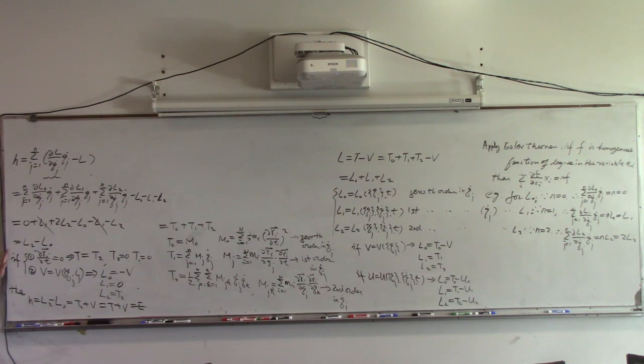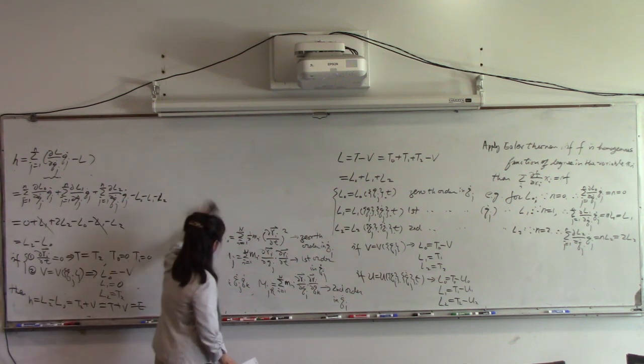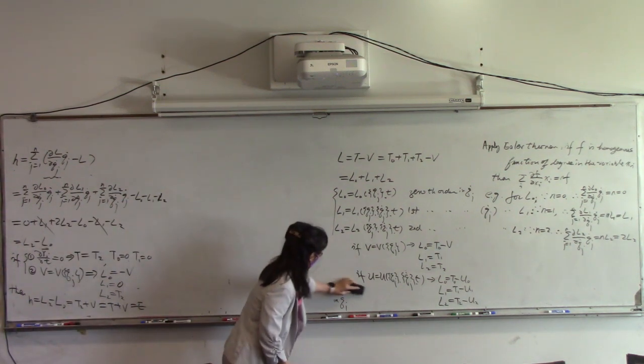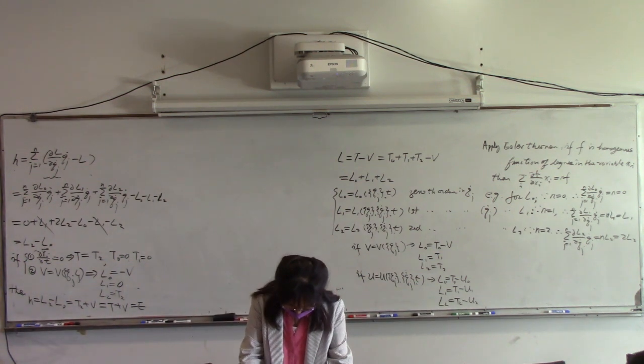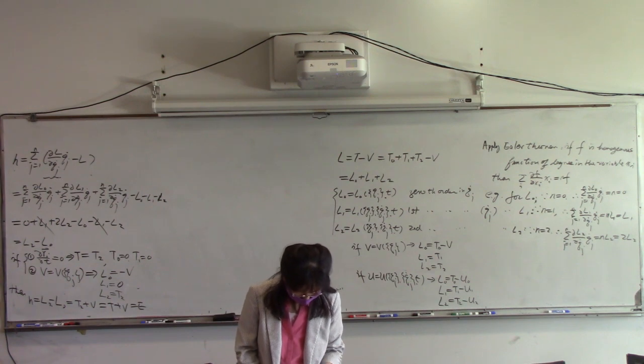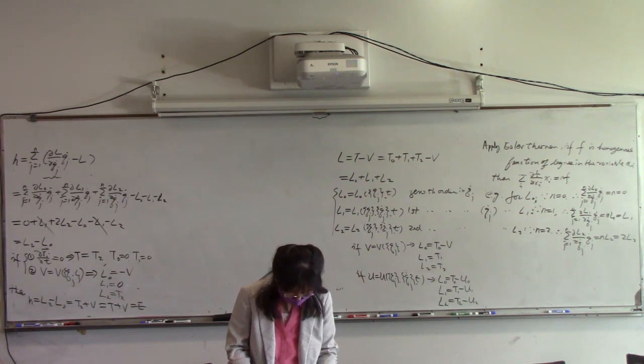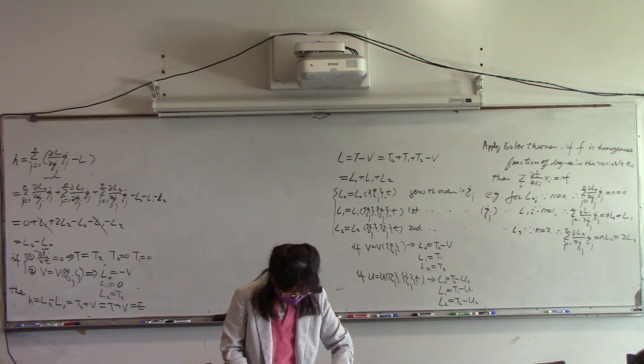So the energy function H equals the energy of the system, the physical quantity, when R does not depend on time explicitly and the potential is only a function of the generalized coordinates. That is the condition for the energy function to equal the total energy.